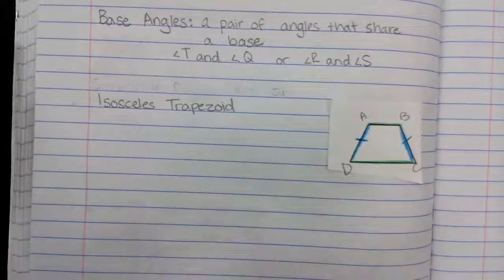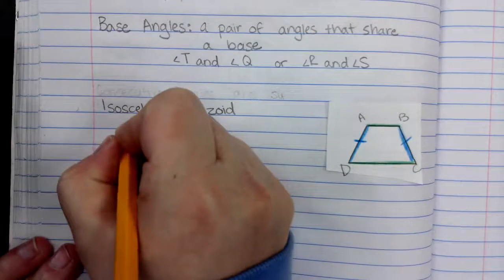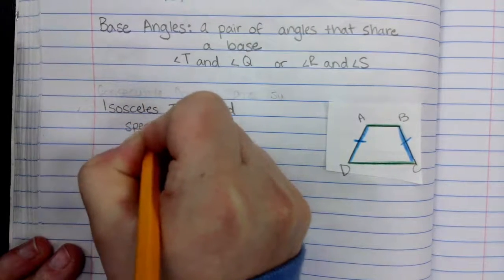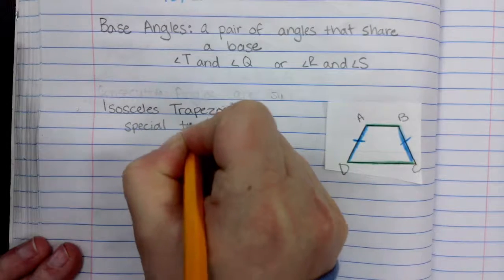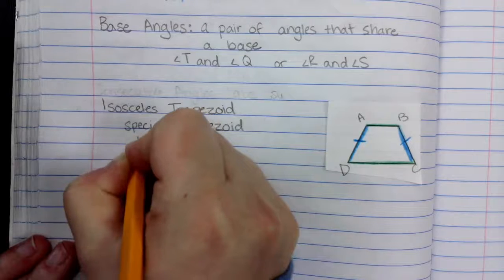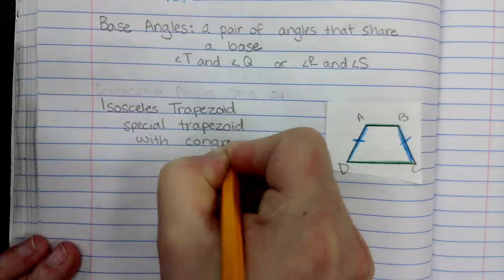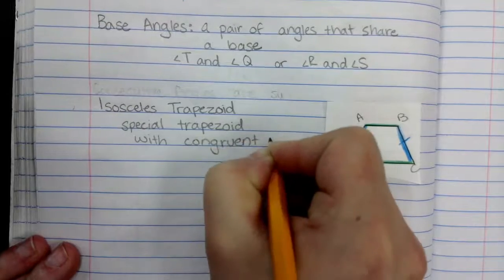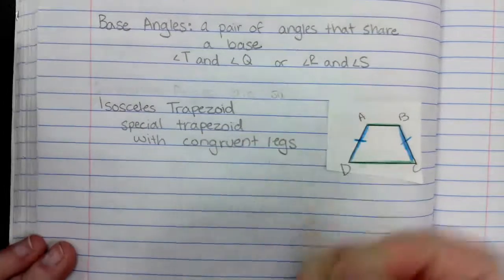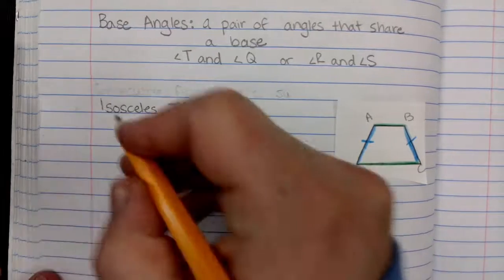So an isosceles trapezoid is a special trapezoid with congruent legs. Maybe bullet point that if you want.